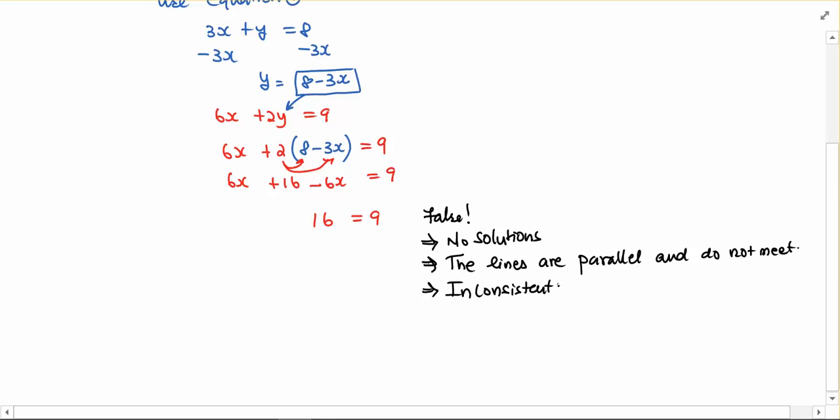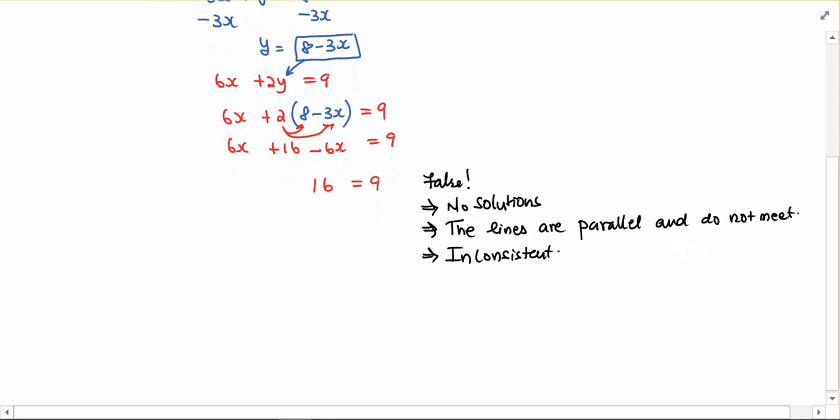Okay, so we've seen now 3 situations. We learned to identify them. So in this case, we can identify because you have no variables and the statement is false.